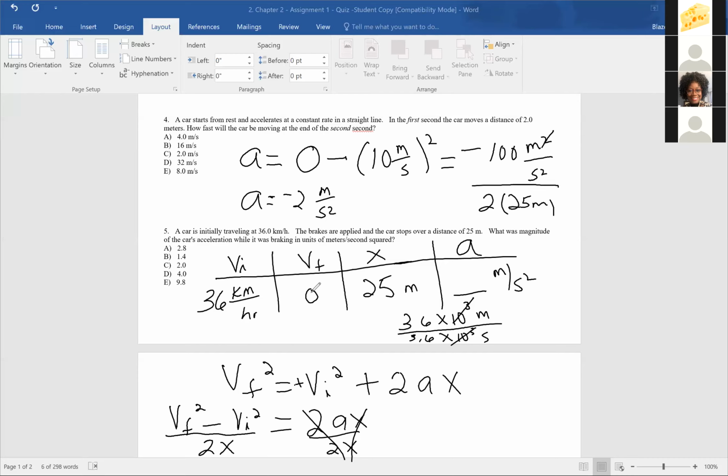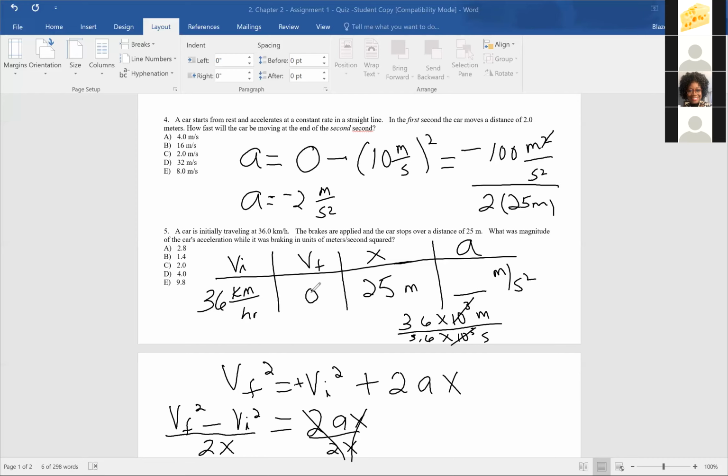Rather than saying acceleration, what do we say? Someone type that word in for me. I'm looking for the word that means what happens when you are braking. You're getting slower. So what are you doing? I'm looking for that word.